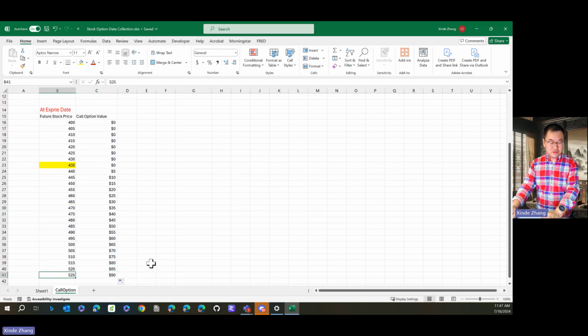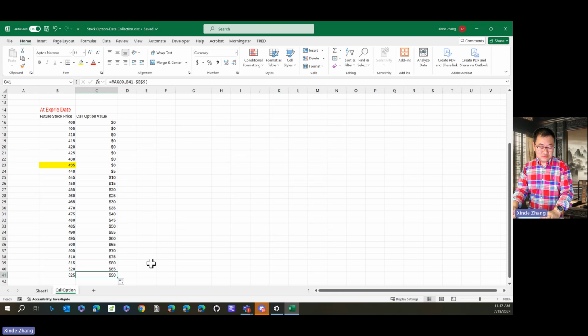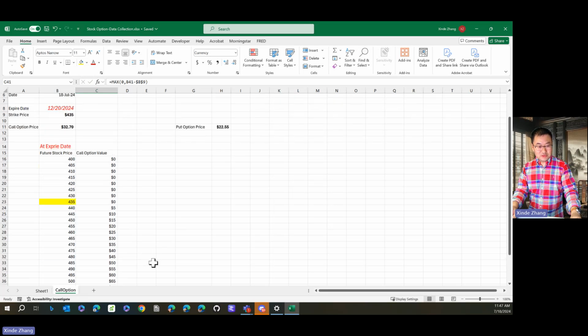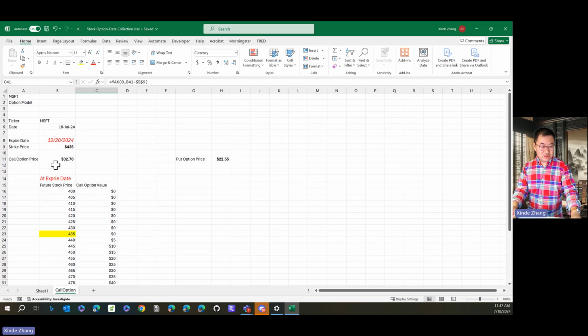So let's read the very last line here. If the stock price will be $525, then the option value is going to be $90. Okay, so that's the value of the option. However, keep in mind, we also paid the price of the call option, right?